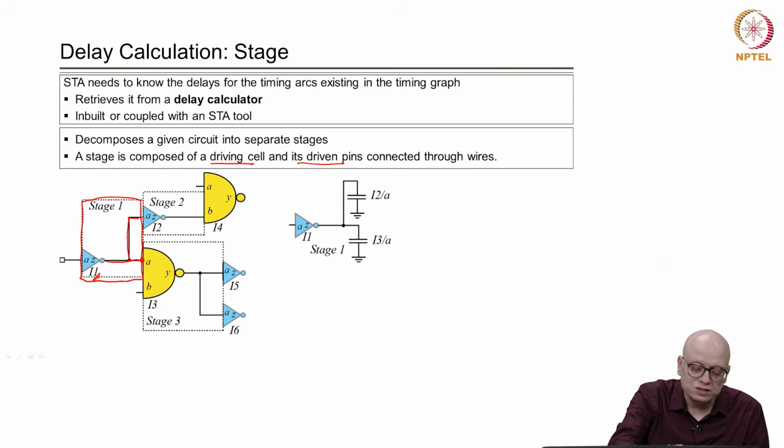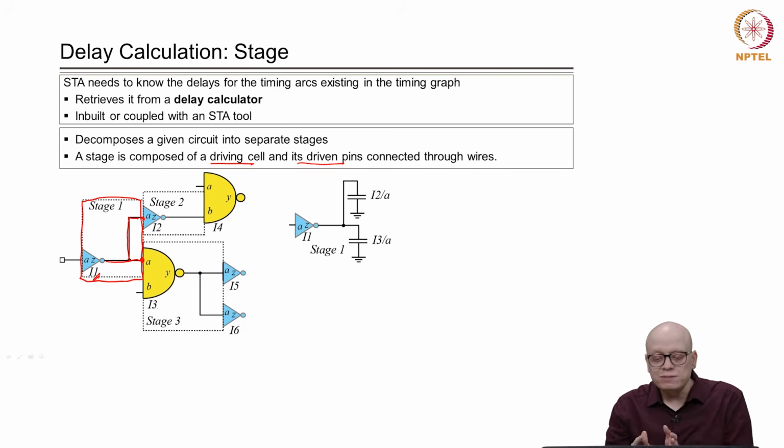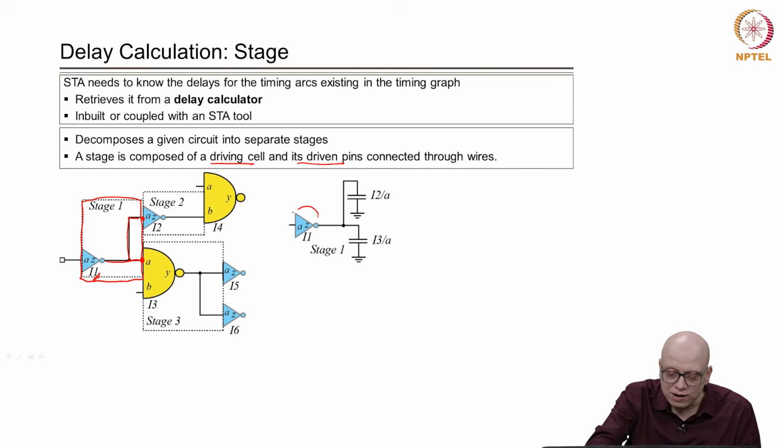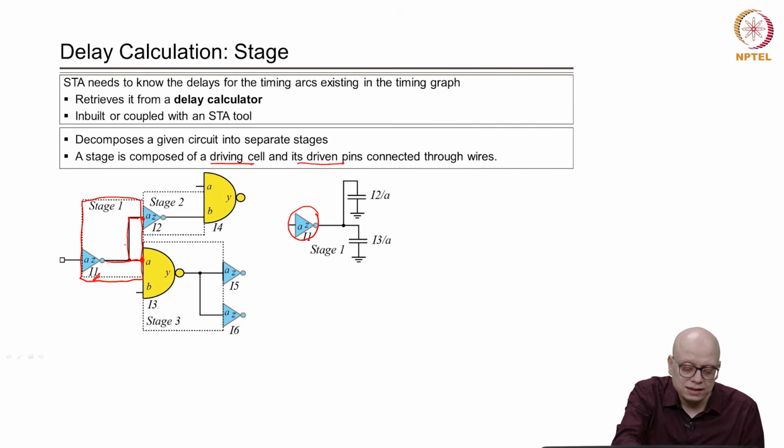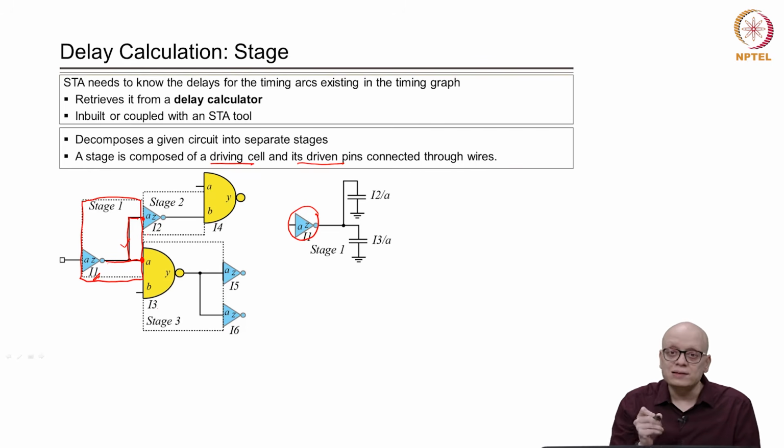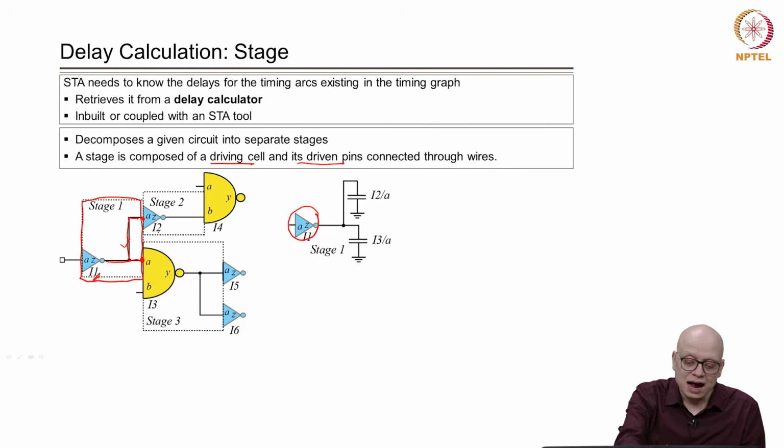So, these are the pins being driven. So, a stage will be created in which we have a driving cell, that is I1, and the interconnect, that is this net, and the pins that are driven by this interconnect, that is I2A, right.